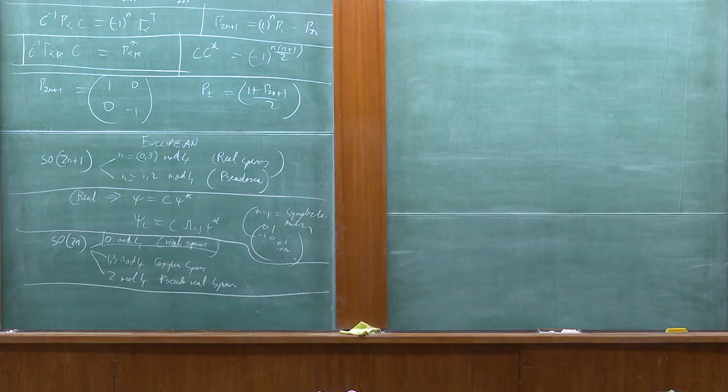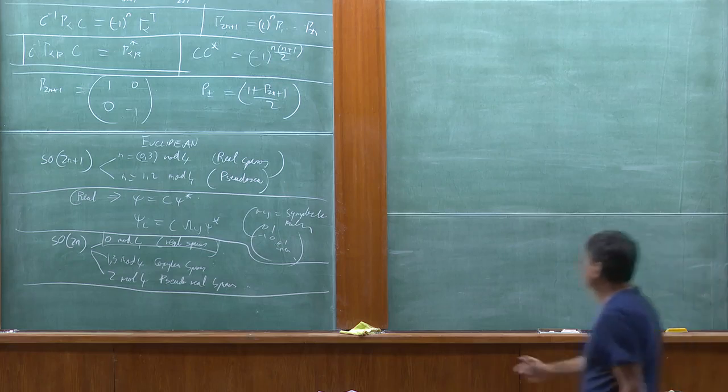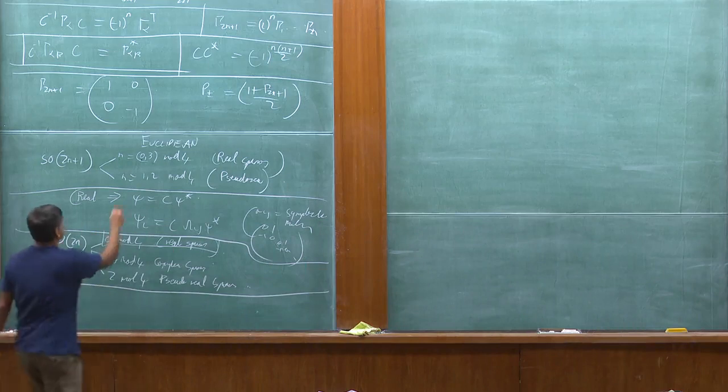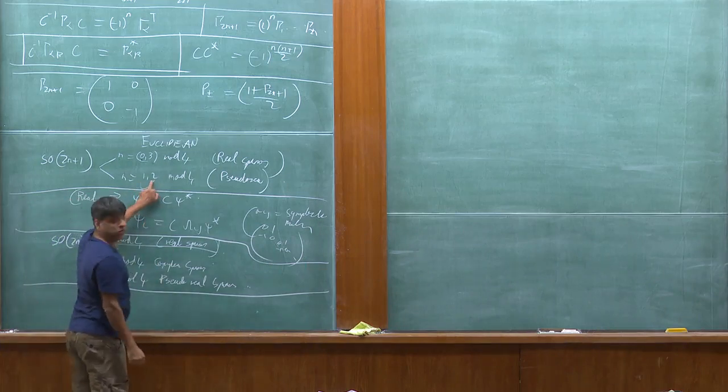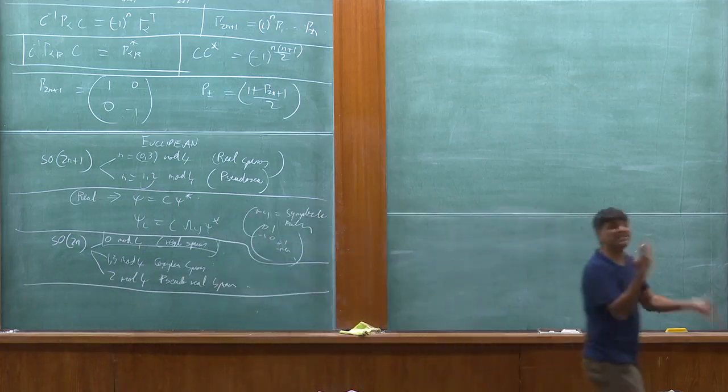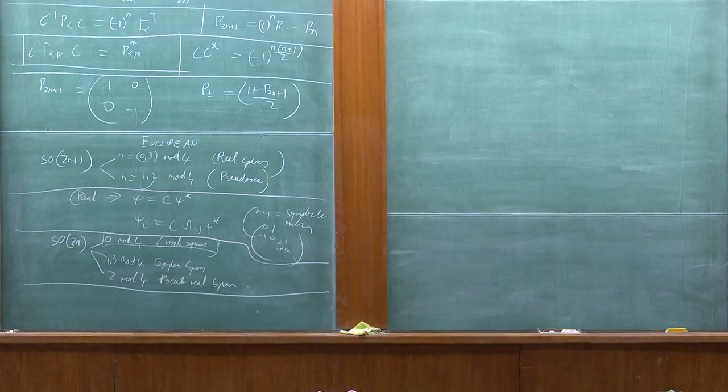On the other hand, SO3 and SO5 have pseudo-real spinors. SO3 having pseudo-real spinors is the same thing as SO4 having pseudo-real spinors, because you saw SO3 was SU2.